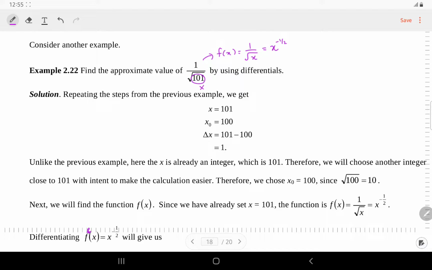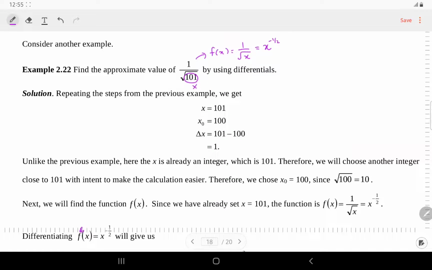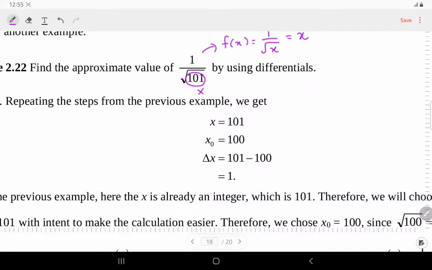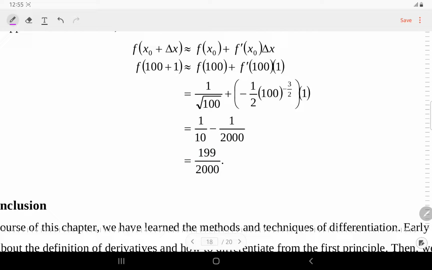You can compare this answer with using a calculator for this expression: press 1 divided by square root 101. You can compare the answer given by your calculator with this answer. It's not so different. There is not much difference between the two answers.